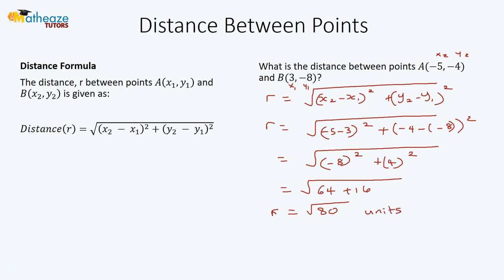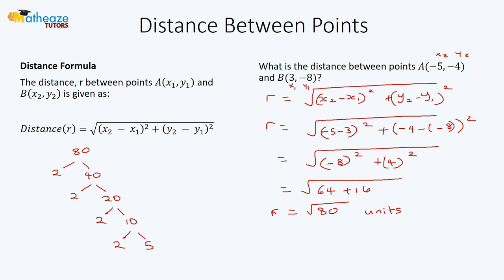Now what we're going to do is write this in radical form and simplify this radical. So let's look at 80. Let's decompose 80. We divide by 2 and we get 40. Now we decompose 40, divide by 2, we get 20, and 20, we divide by 2, we get 10, we decompose 10, we divide by 2, and we get 5.